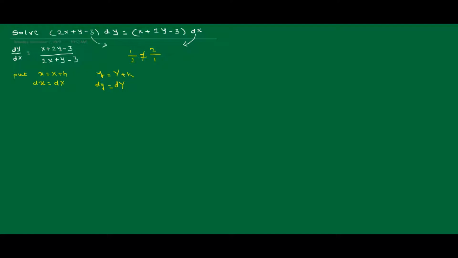So if you substitute in the above equation, the left hand side becomes dY divided by dX is equal to, the value of x is capital X plus small h, plus 2 into bracket y value, which is capital Y plus k, bracket complete, minus 3, divided by, similarly in the denominator, 2 into bracket x value, X plus h, plus y value, Y plus k, minus 3.